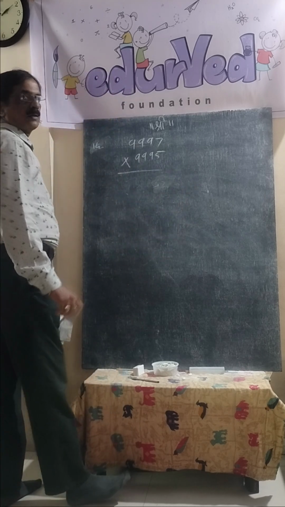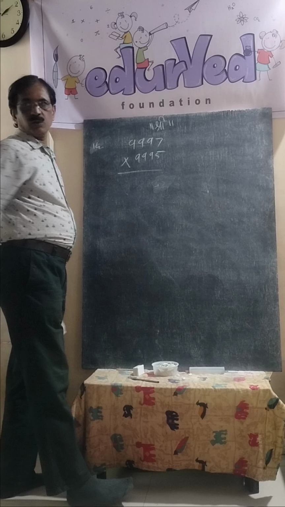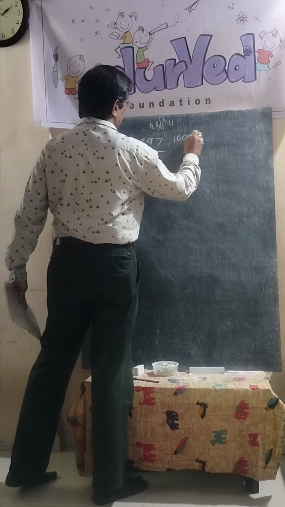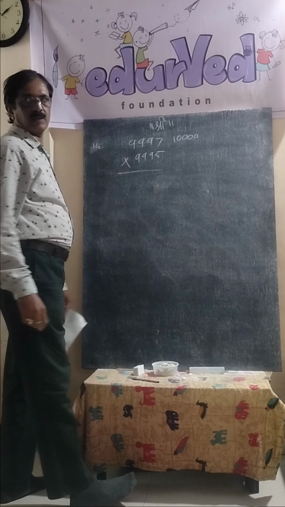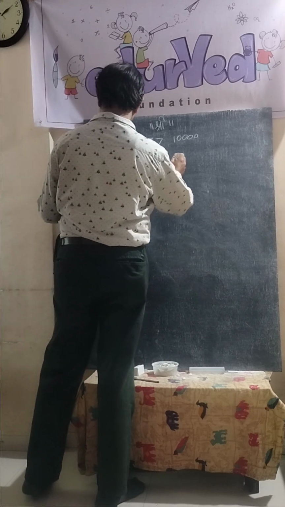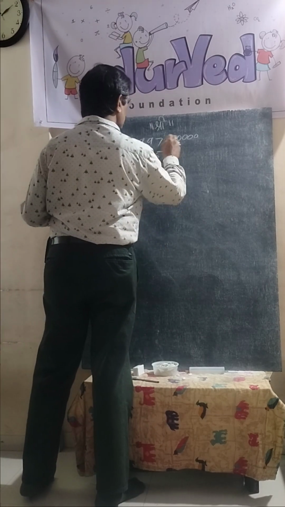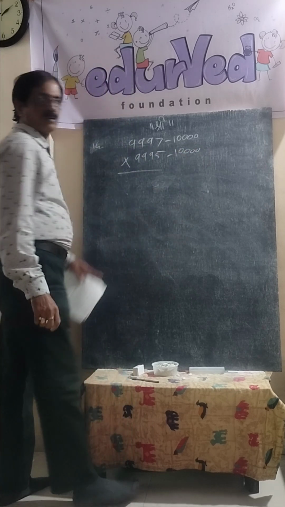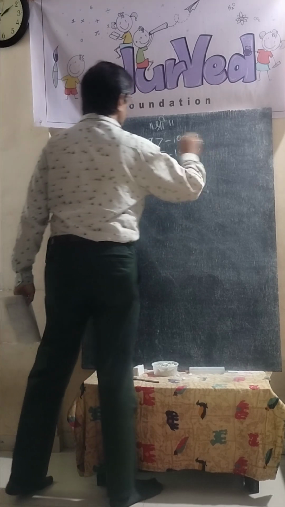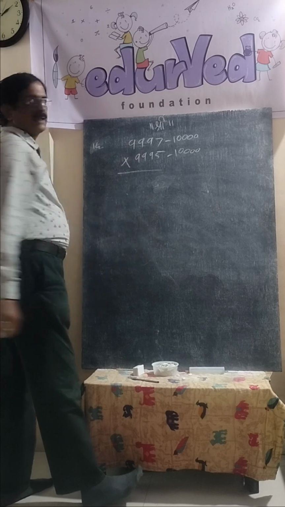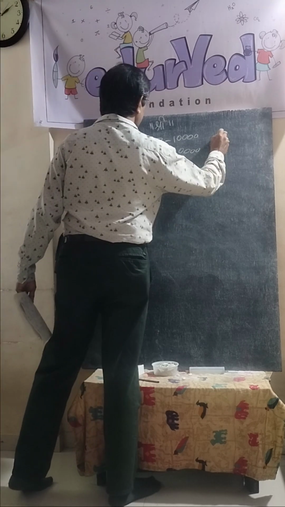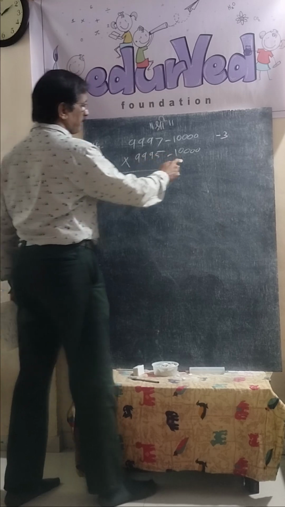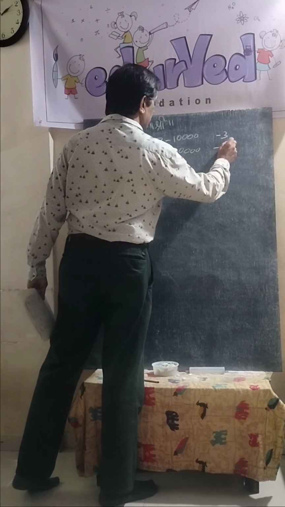So this is closer to 10,000 and this is also closer to 10,000. So we have to subtract: 9997 minus 10,000, the answer is minus 3. And 9995 minus 10,000, that will be minus 5.